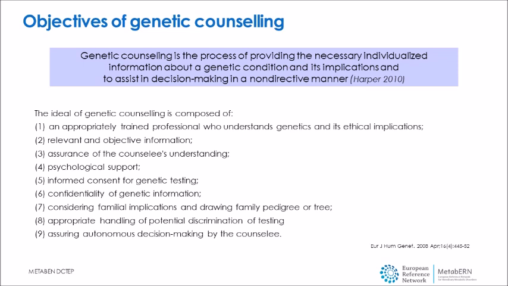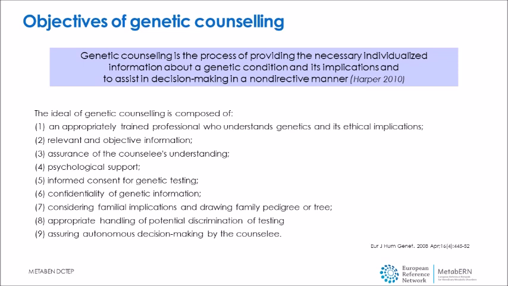With this definition, we understand that ideal genetic counseling should be composed of, first, a trained professional who understands genetics and its ethical implications. The information provided to the patient and his family should be relevant and objective, that is to say, sometimes with documentation or literature references.